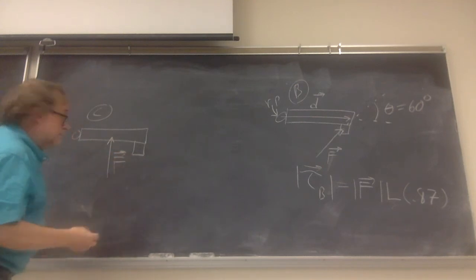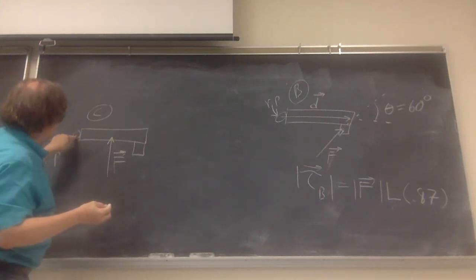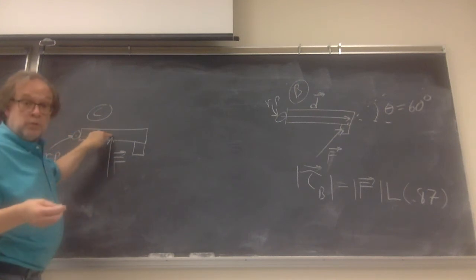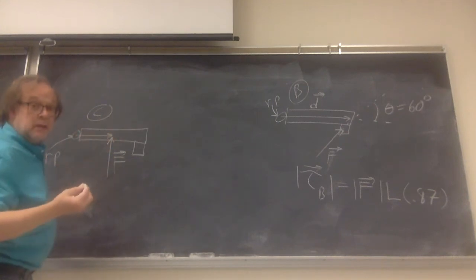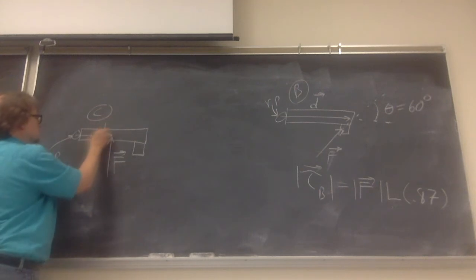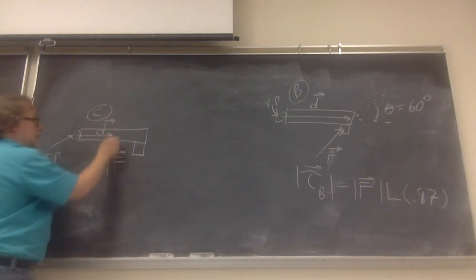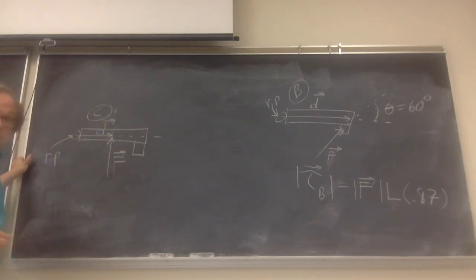Now, keep the reference point at the same place. Now the displacement vector takes us from the reference point to the point where the force is applied, as always, but now that displacement vector is only half as large as it was before. And then the angle between the displacement vector and the force direction is now back to 90 degrees.